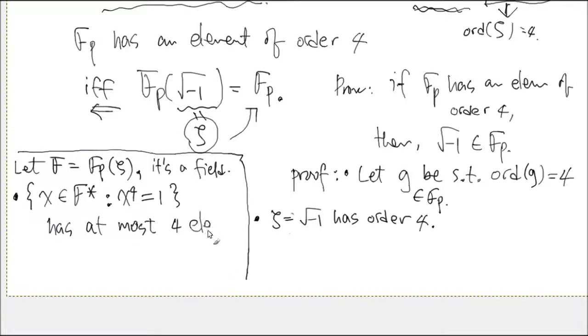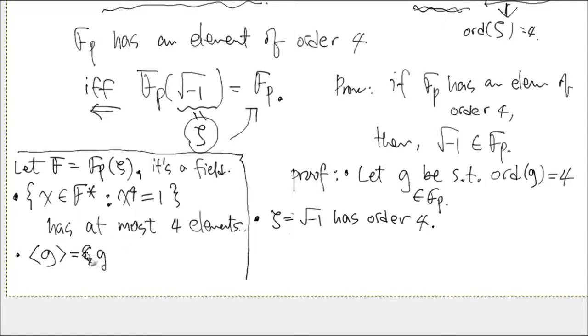Remember that counting lemma? If it is a field, there cannot be more than 4 elements. So how many elements do we have here? Let's think about G. We have an element of order 4 in FP. So let's play with G.